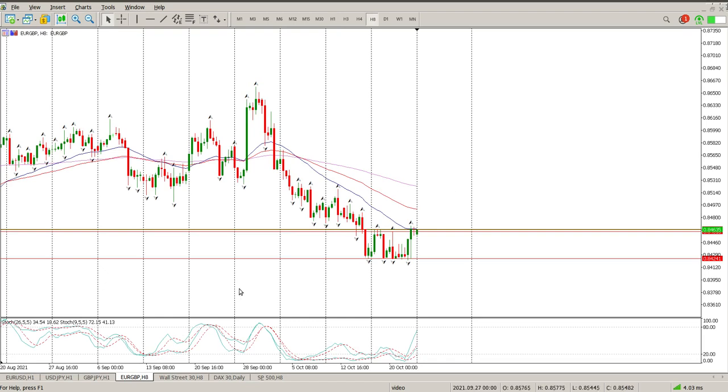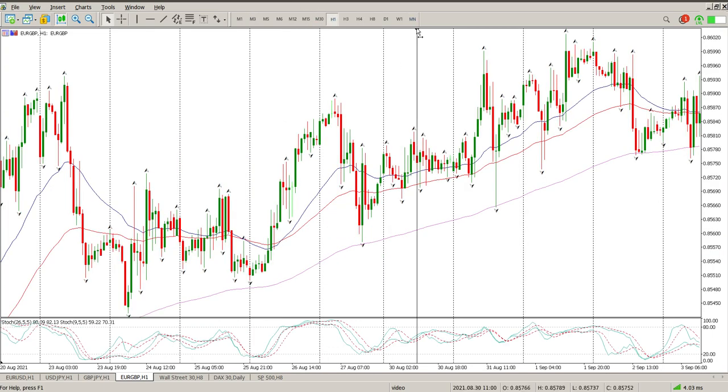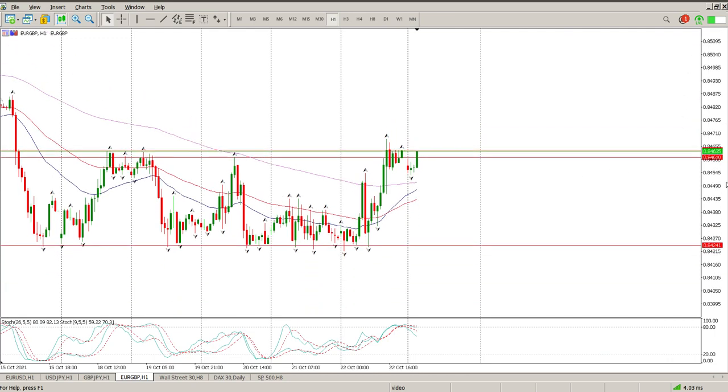Euro British pound. So this has been sideways most of last week, and look at what happened here going into the close. Price was down at the bottom on this weekly level, and then accelerated up to the next weekly level. Now that is still a sideways range.